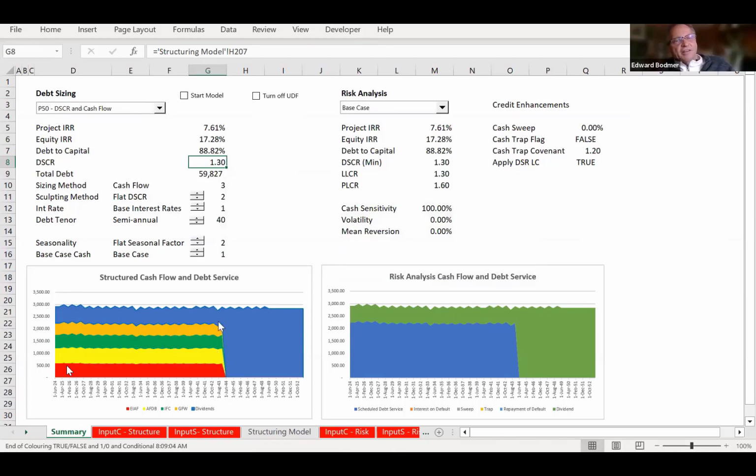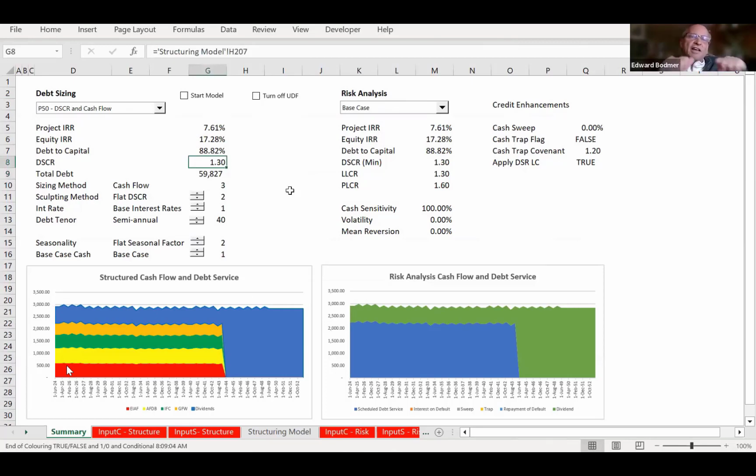This time you notice I made them all have the same tenor. And this time we put in a target DSCR of 1.3, and we put a P99 debt service in, and we come up with this.